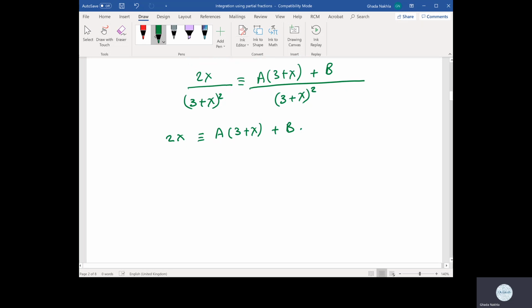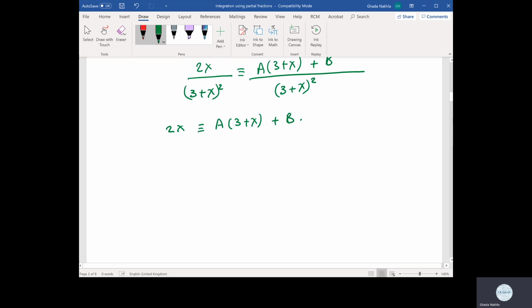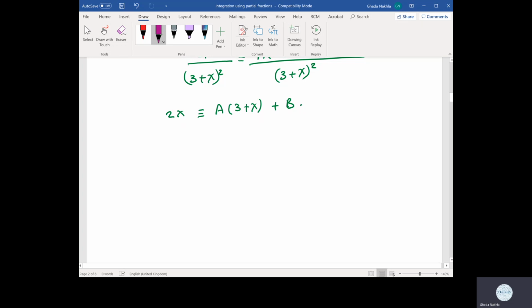I need to think of the value of x that would make this bracket equal to 0. I want this term to be 0 in order to find b. So what is the value of x that would make this bracket equal to 0? The answer is x equals minus 3.